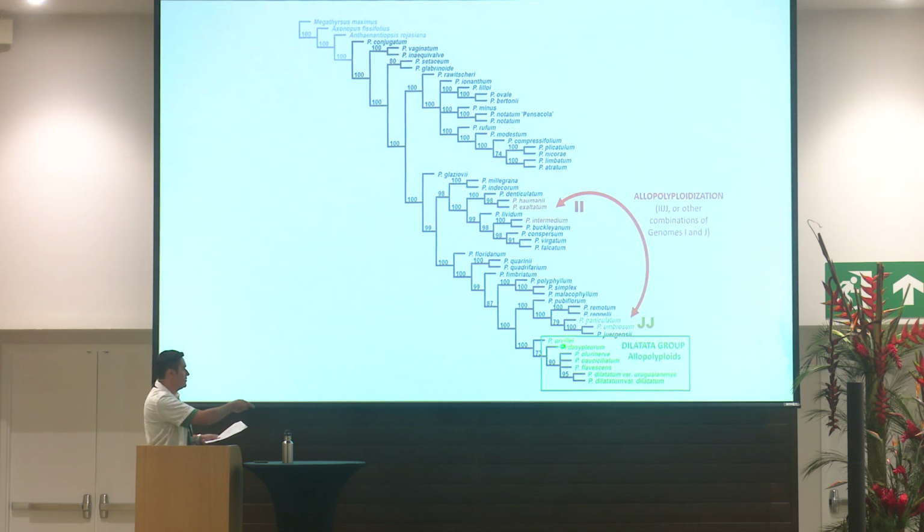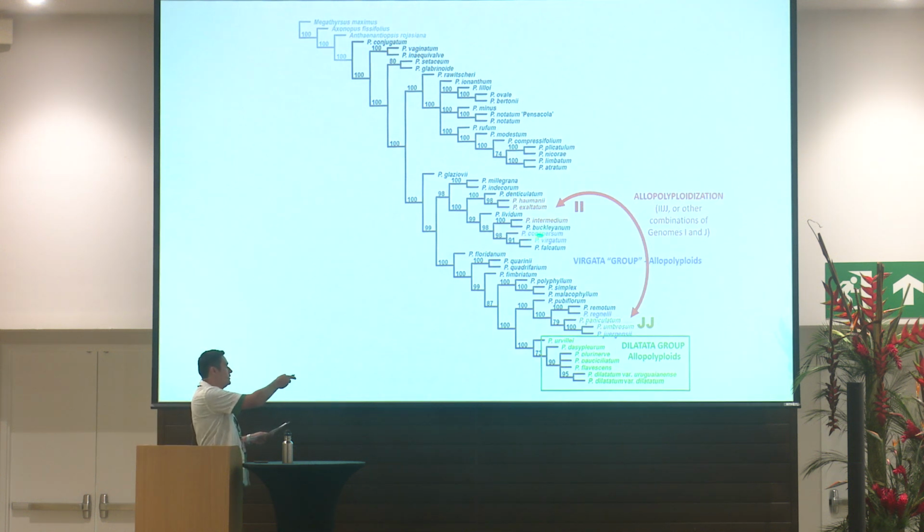So Paspalum urvillei, dasypleurum, plurinerve, flavescens, and dilatatum, of course, the ones here in this tree, okay? And also, there are other allopolyploids from crossing between I and J genomes that are in the so-called Virgata group here. Those in blue, Paspalum conspersum, virgatum, hergnellii, and jurgensii.